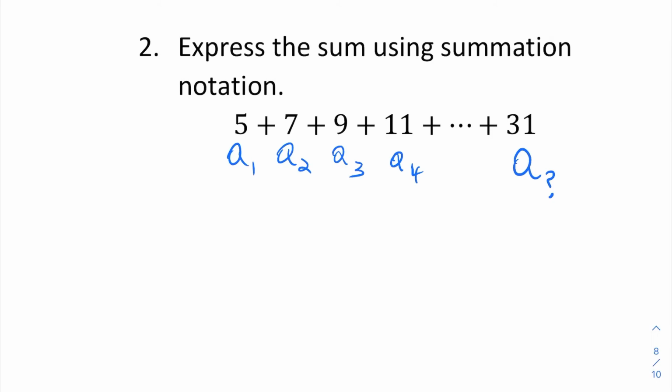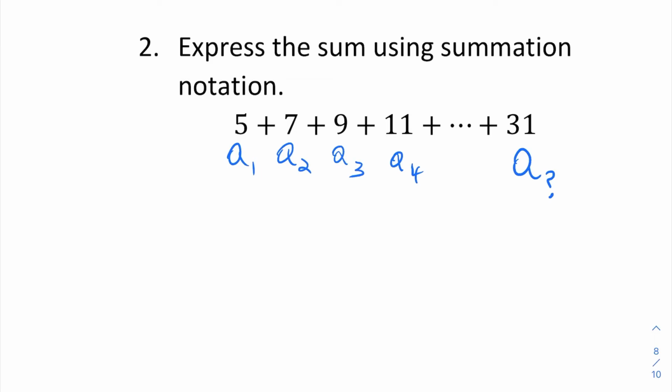If you notice, the difference between a1 and a2, if you subtract 7 and 5, that difference is equal to 2. Also, the difference between 9 and 7 is also 2. And also the difference between 11 and 9 is also 2. So if you take two consecutive terms and subtract the bigger one minus the smaller one, the result is always 2.